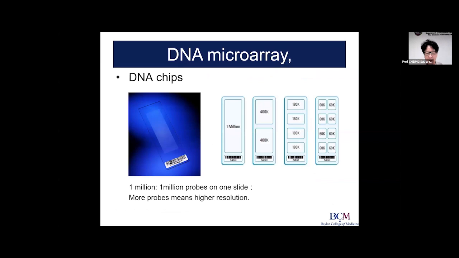At Baylor, I'm going to speak more about the Baylor experience, that we chose to use Agilent array. The reason is that they had an extensive library of probes, and we could choose the probes and place them into disease-causing regions rather than just randomly distributing probes.